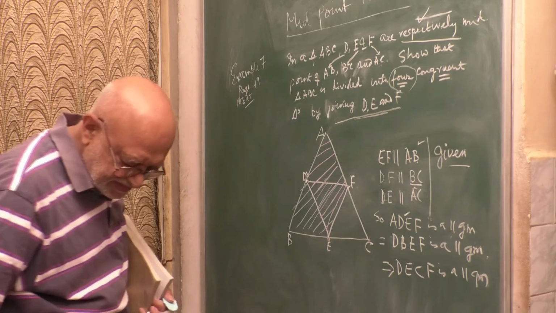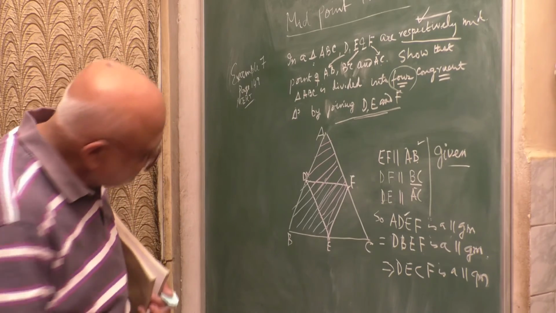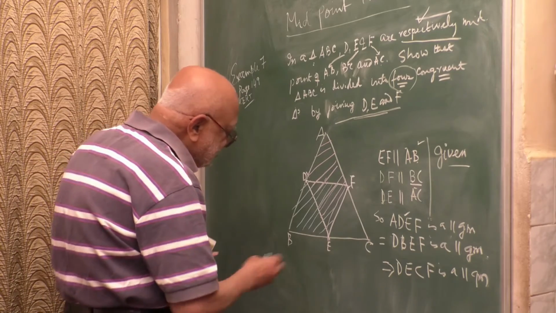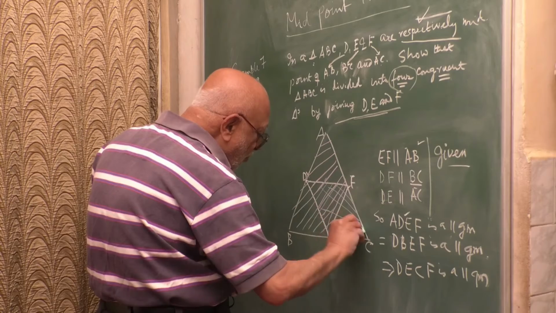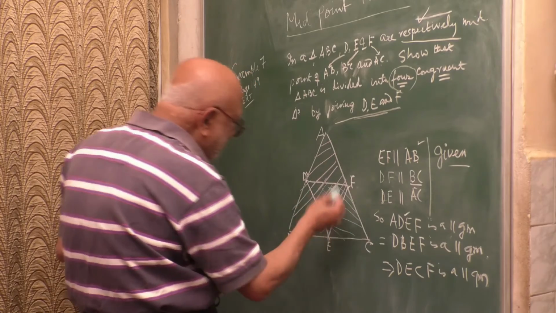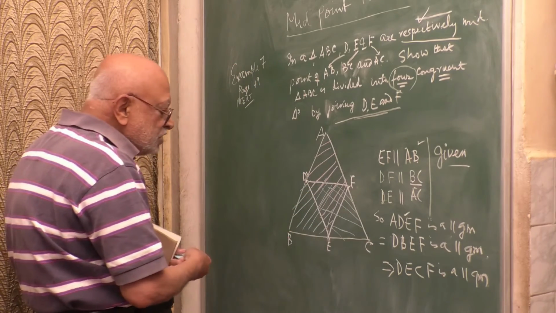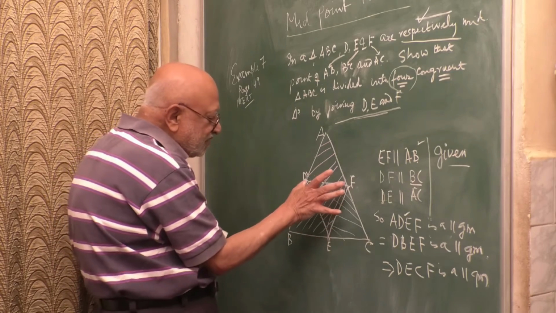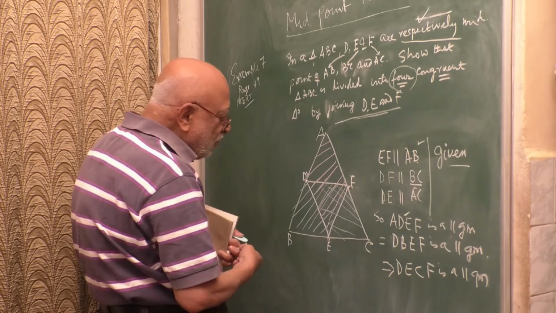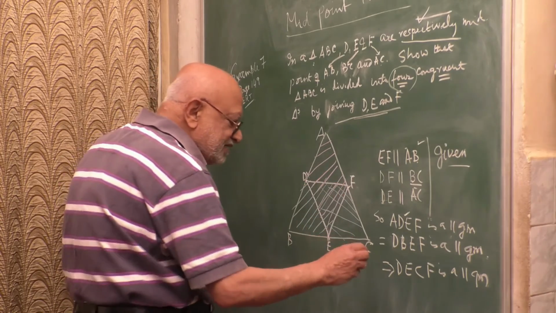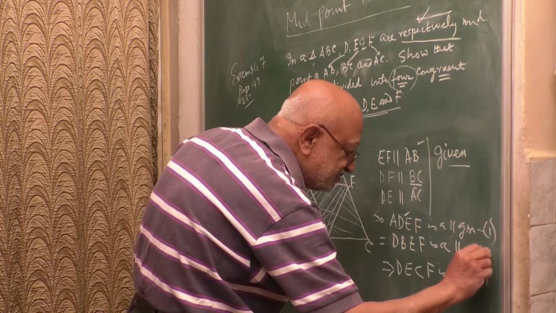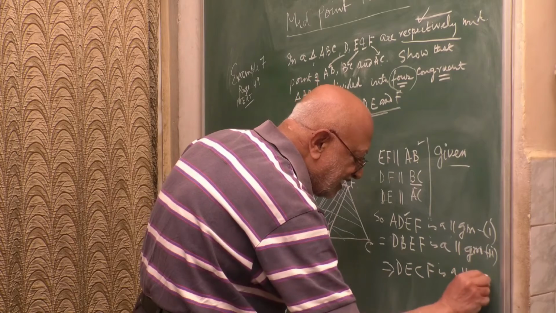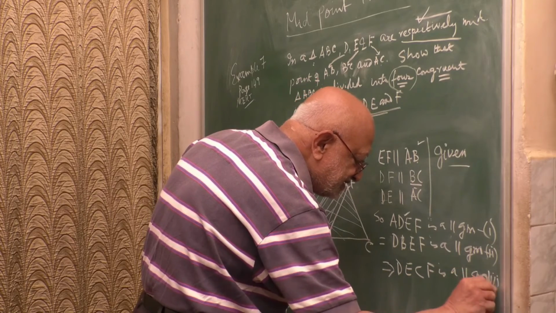Okay, the colors are the same. Why am I choosing only these parallelograms? There are other forms, but I choose these so that I can get a diagonal across it. So if you see, let me put down this as 1, this is 2, and this is 3.